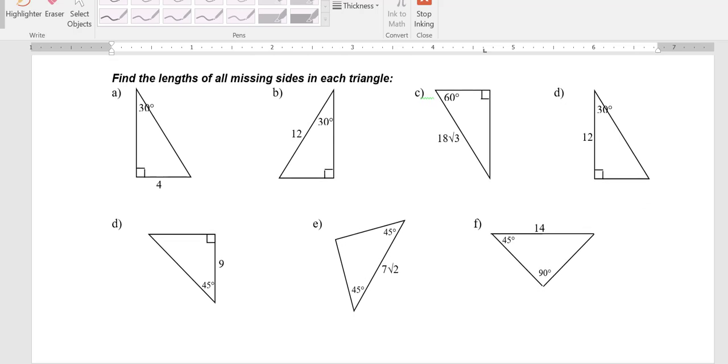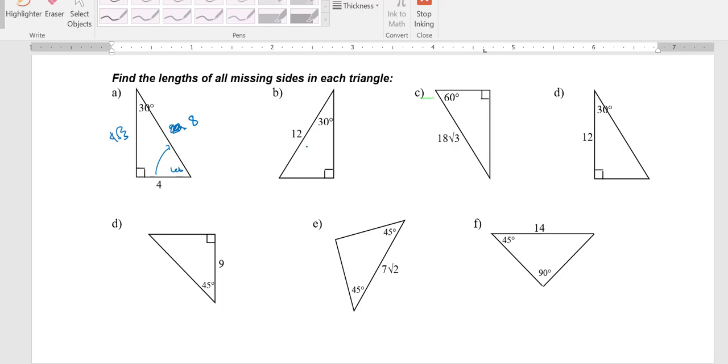So if I look at this first row, the side opposite the 30 is already given. Because I know the side opposite the 30, I can find the other two sides right away. The side opposite the 60 is going to be 4 root 3. And of course, the side opposite the 90, the hypotenuse, is going to be 2 times the x value, so it's going to be 8.